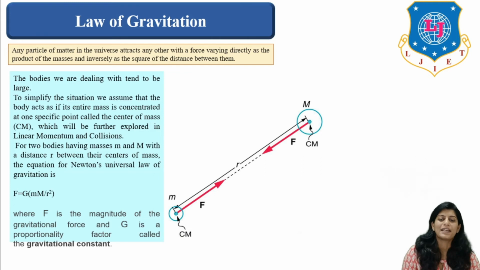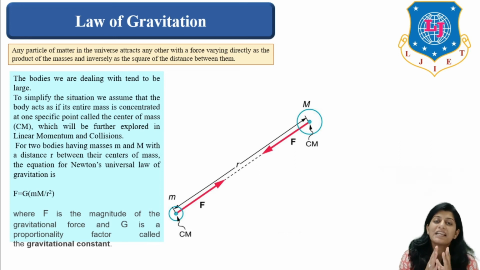The next one is the law of gravitation. So what do we mean by the law of gravitation? Any particle or matter in the universe attracts another with a force varying directly as the product of masses and inversely as the square of the distance between them, right? We know that, but the bodies we are dealing with tend to be larger.